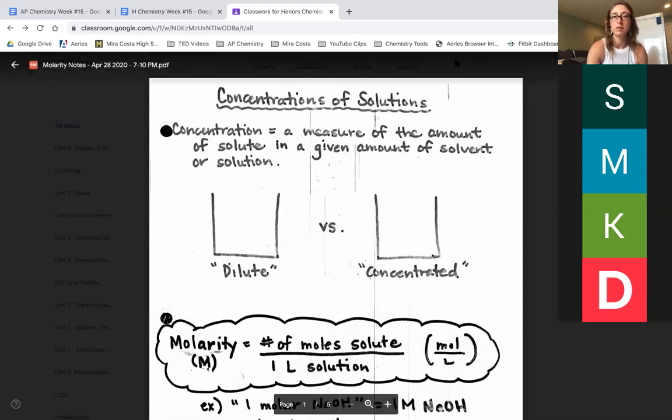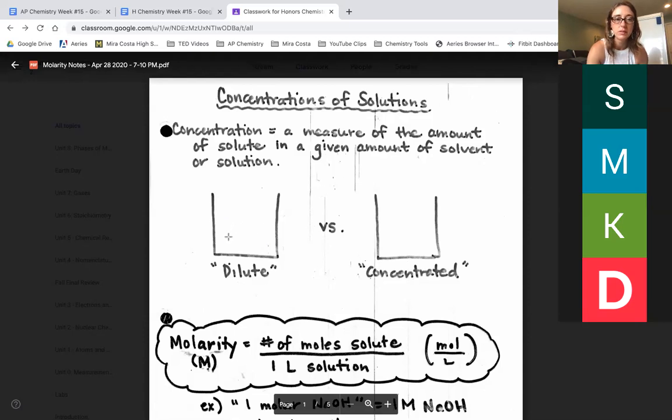So let's see if I could draw this for you. It would be something like this. Okay, where I just have a little bit. Goodness, that doesn't look very good. That's not what I want. Hold on, let's try this again. I clear everything. All right, I want this.